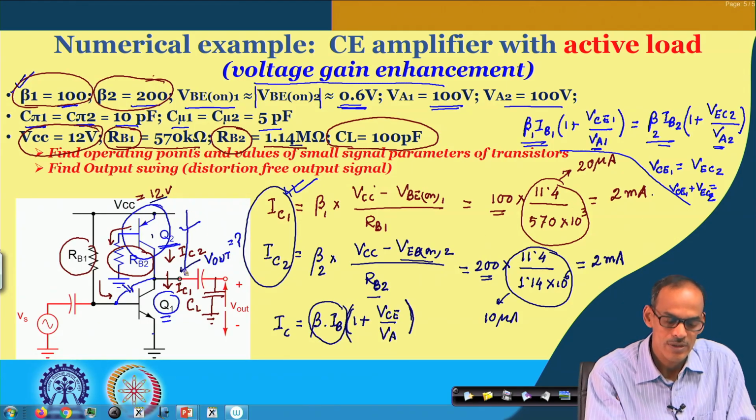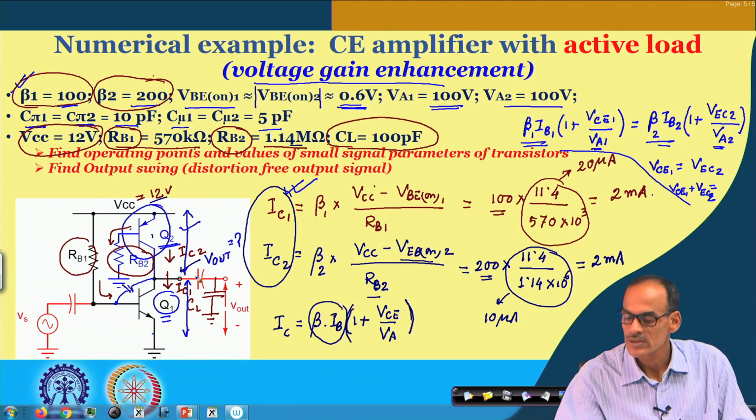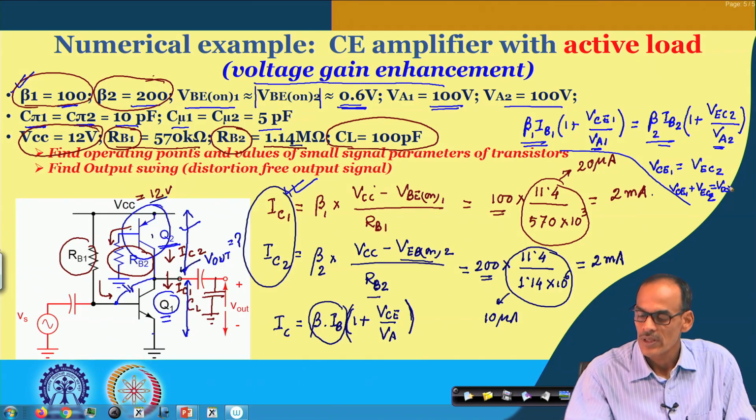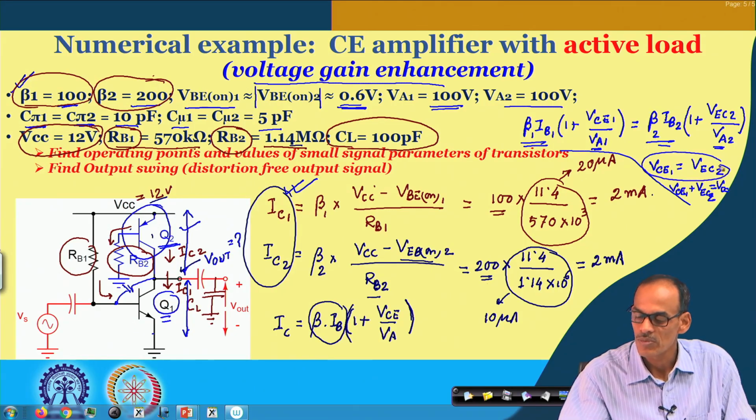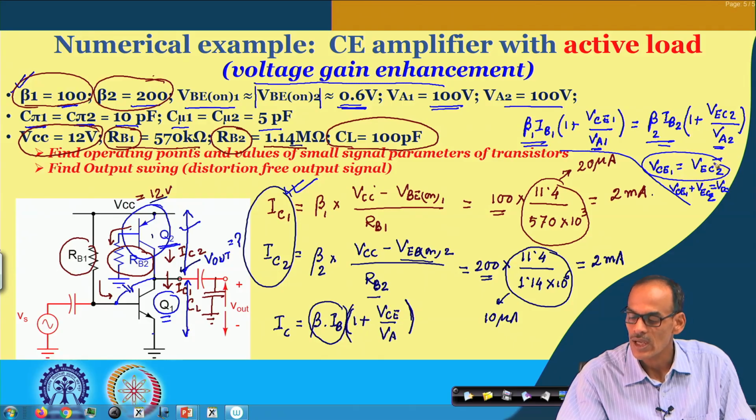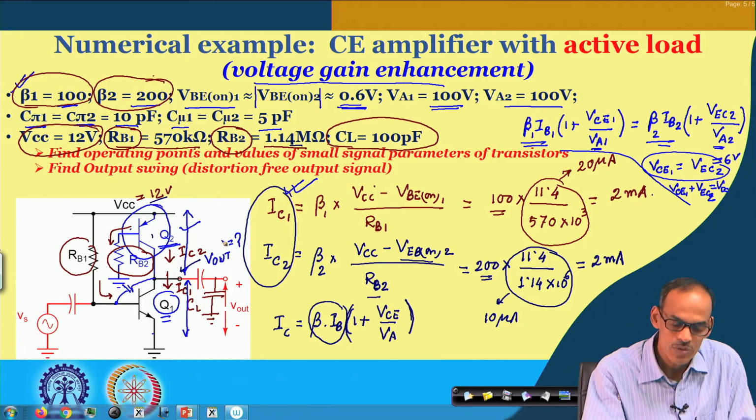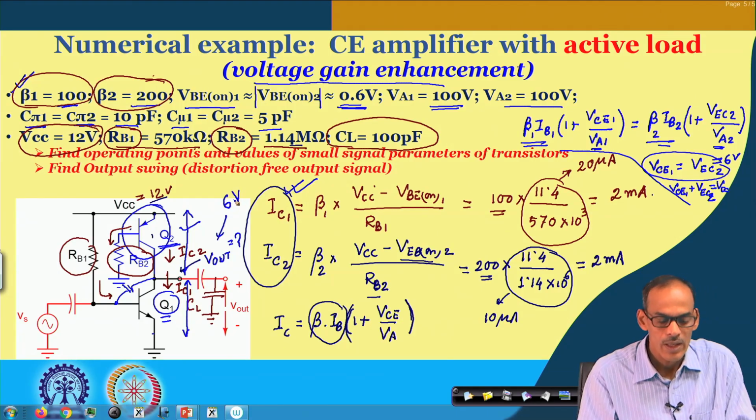So, this is VEC of transistor 2, this is VCE of transistor 1, that is VCC, which is 12 volt, and from that we can say that both of them are equal and they are equal to 6 volt. That gives us this output voltage equals 6 volt, and hence we obtain the operating point of the two transistors.